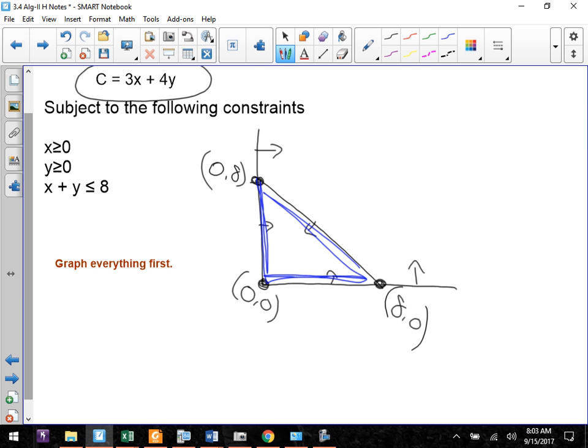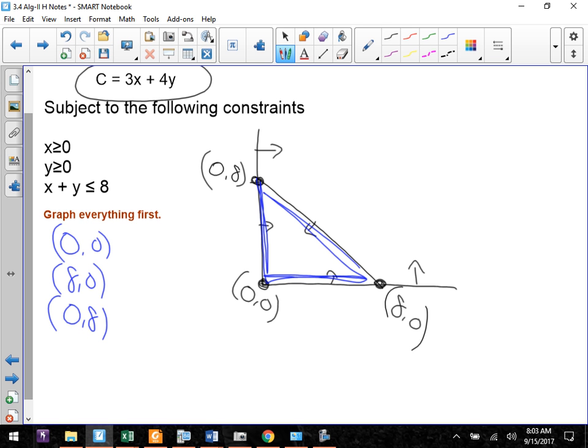So what we do next is we list our points of inflection. We list the parameters of the ordered pairs where it changes direction, or your vertices, if you will. You list those out. So when we do that, we get 0, 0, 8, 0, and 0, 8.